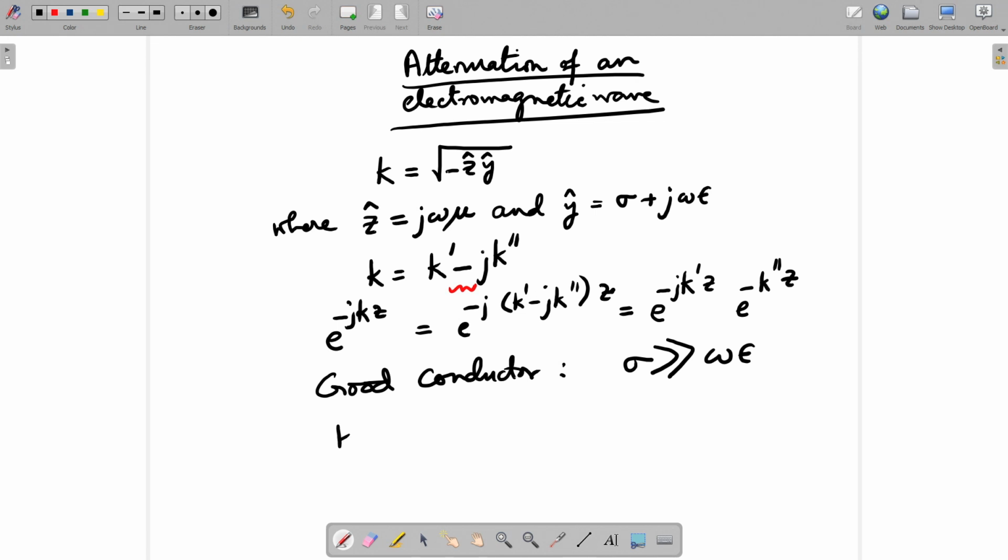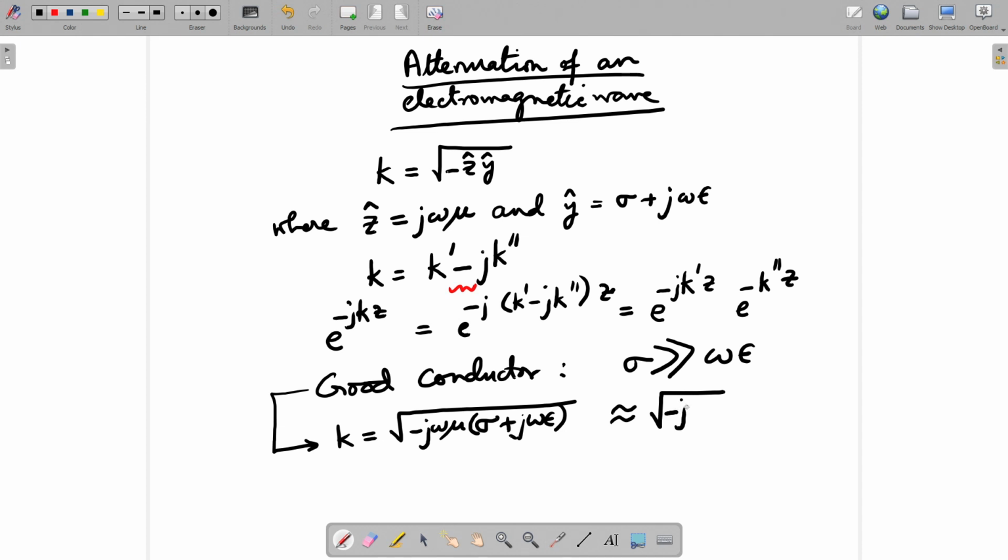Under that condition for a good conductor, we have k is equal to root of minus j omega mu (sigma plus j omega epsilon), which can be approximated as root of minus j omega mu sigma, retaining only the first term because sigma is very much greater than omega epsilon, and that can be broken up into root of minus j times root of omega mu sigma.